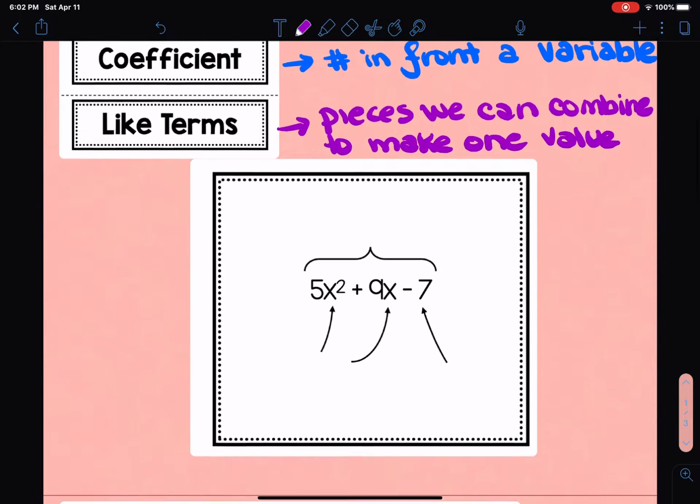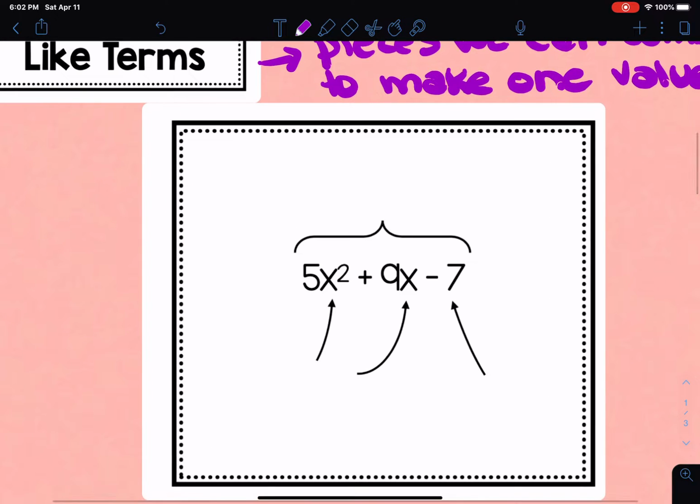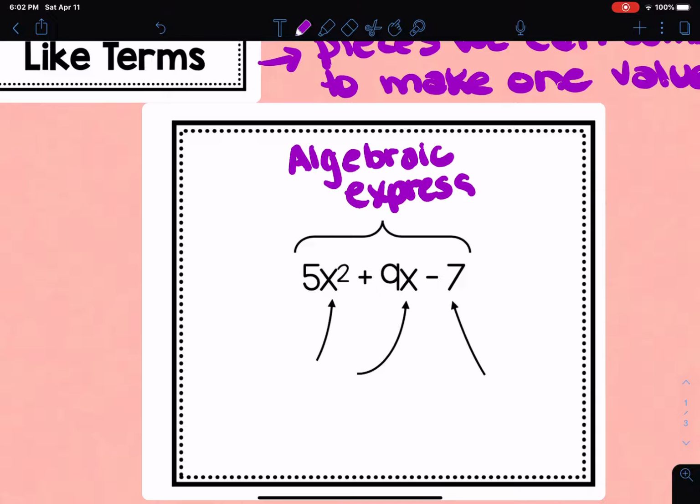So let's take a look at one here. First of all on this, that 5x squared plus 9x minus 7, this is considered to be an algebraic expression, the whole thing together. Now, x is considered to be a variable.